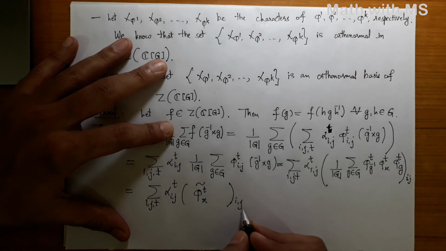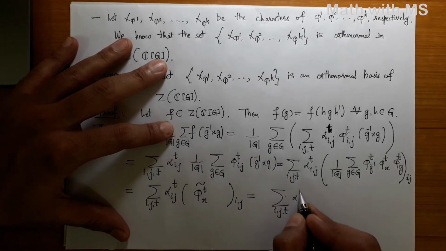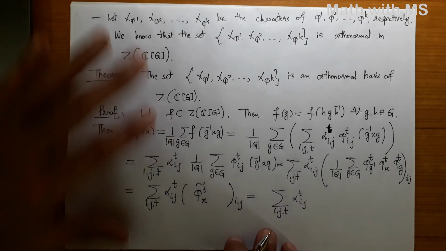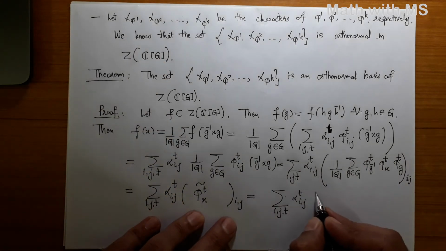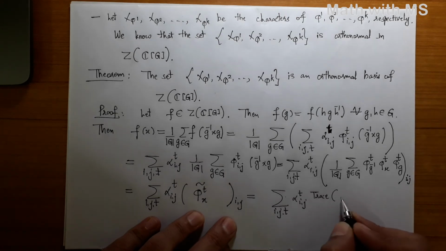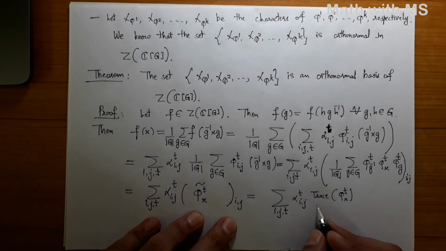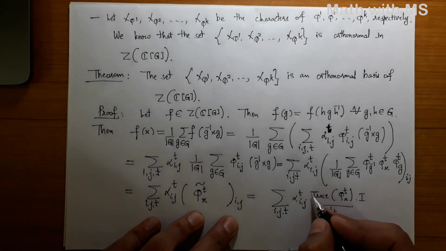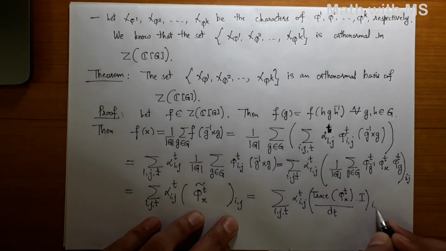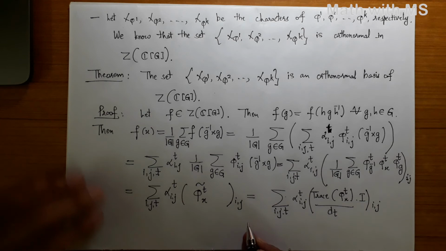But again in lecture number 5 we showed what the tilde of a linear transformation looks like. This is the same as summation i, j, t alpha_tij, and this simply looks like, in terms of trace and degree, the trace of phi_t at x divided by the degree of phi_t, which is d_t, times the identity matrix, all right, and its ijth entry. This remains the same outside, but now you can simplify it easily.